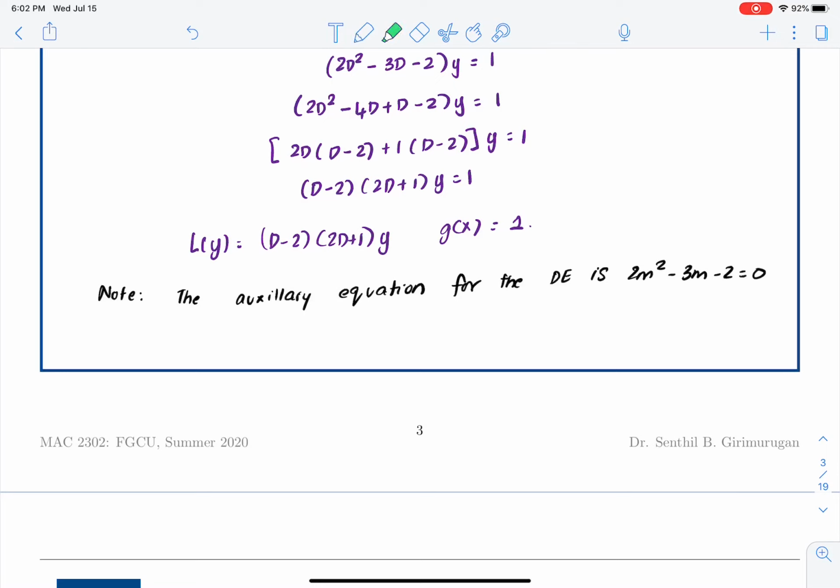If you closely observe, that and that are one and the same. We simply replace the m by D. So if you connect the dots, you can see that they are closely related.